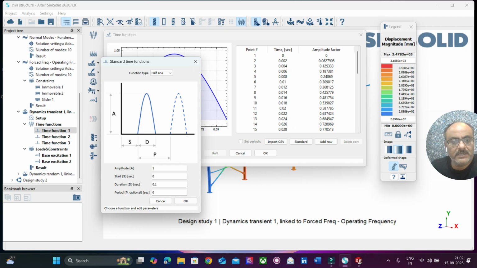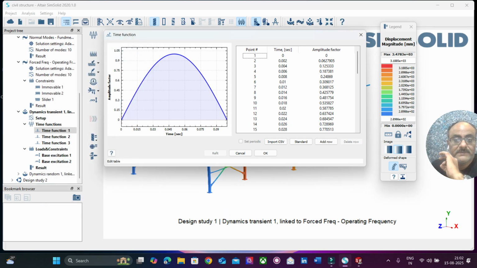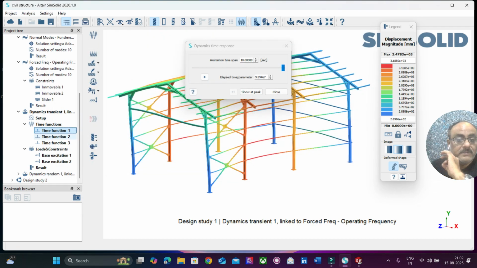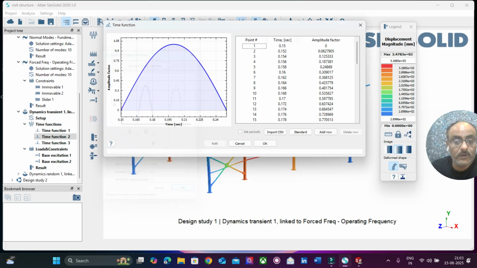The time functions are half sine based, with an amplitude of 1, a start time of 0, and a duration of 0.1 seconds. For the second time function, the start is 0.15 and again for a period of 0.1.